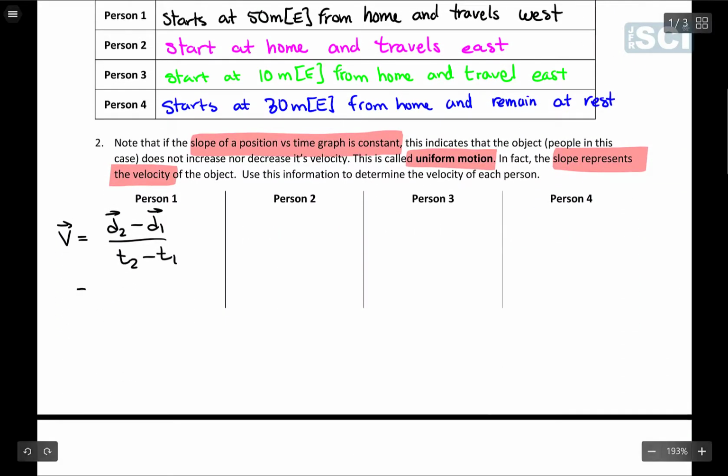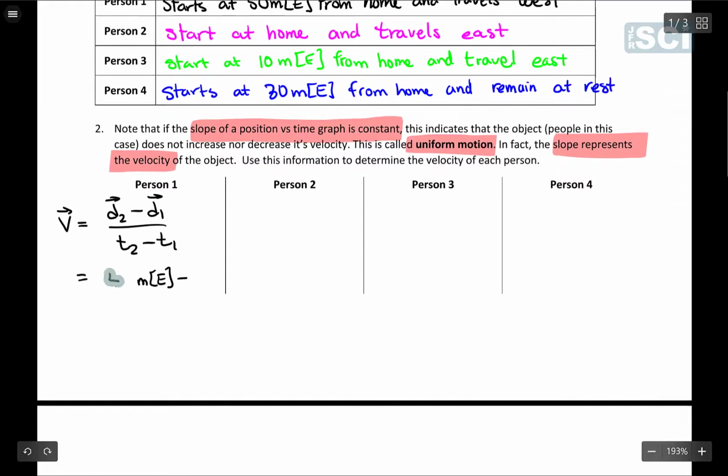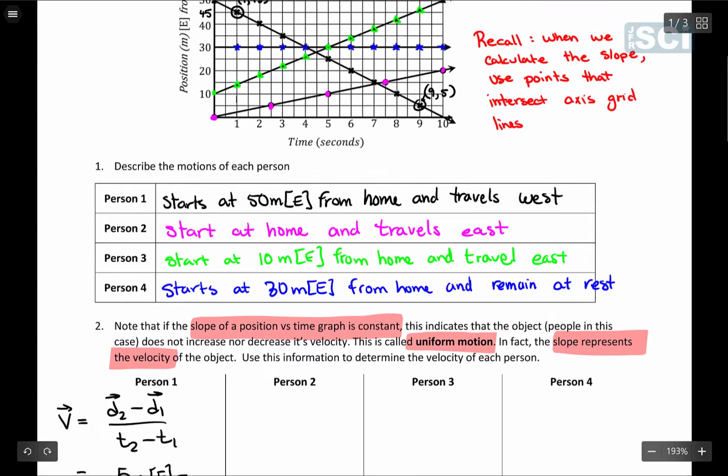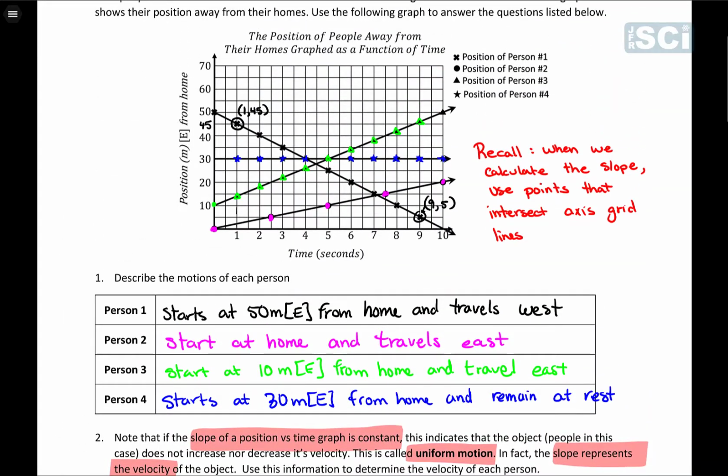Okay, so let's go ahead and substitute in the values. My first one was 45 meters, and we'll say that's east. Subtract the final position. Sorry, I have actually made a mistake here. The first one I should be using is my final position of 5 meters, subtract the 45 meters east.